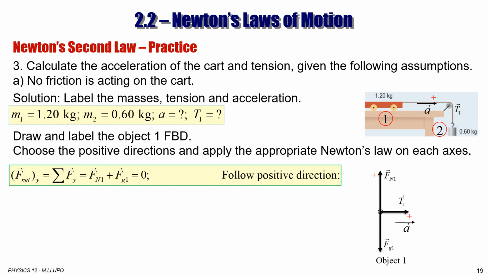So F net has to be 0. F net is the sum of all forces. In this case, we have 2, Fg1 and Fn1. Since that is Newton's first law, we're going to keep it traditional, positive up. So Fn1 is in the positive direction, so it's positive, and Fg1 is opposite of positive, so negative. Now we have Fn1 is equal to Fg1.